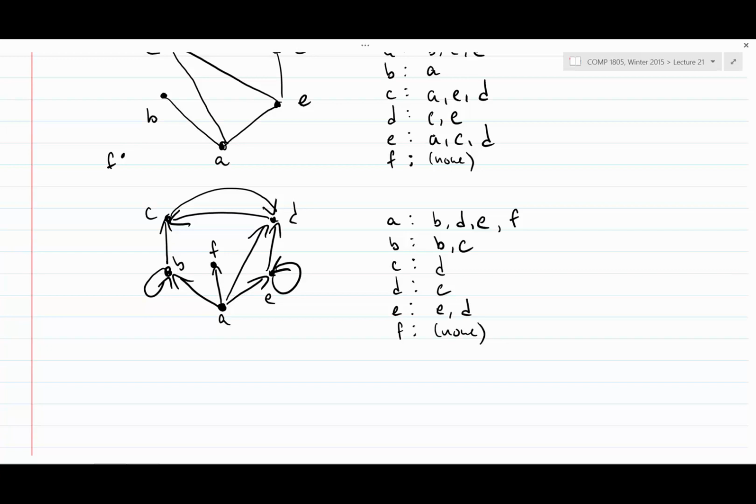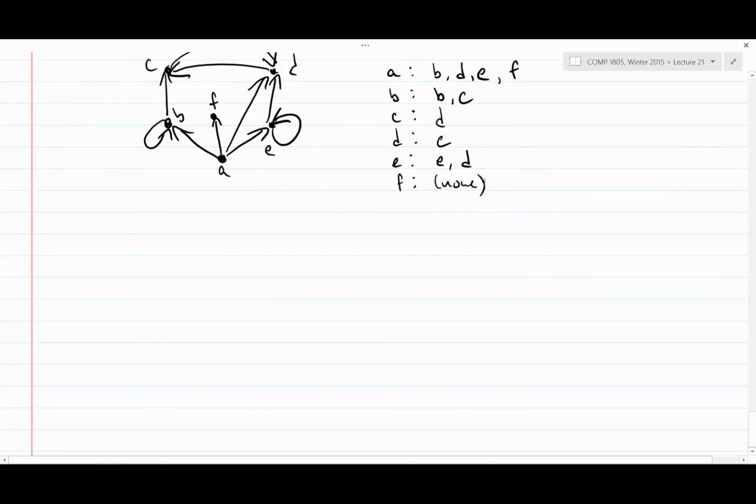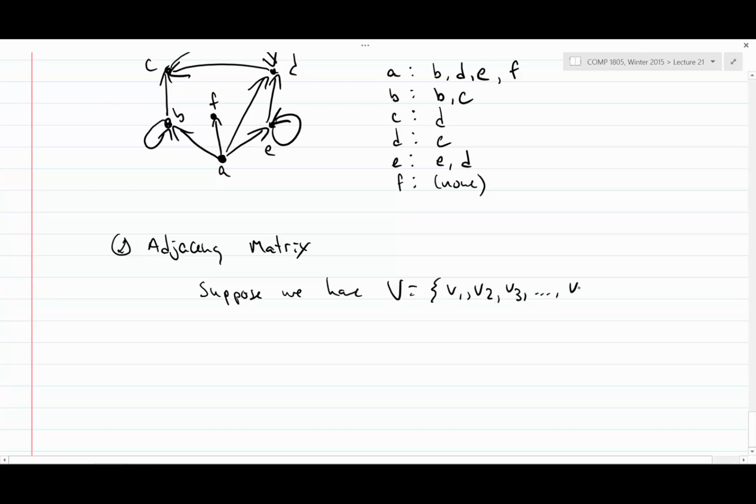There's another way of representing graphs. It's slightly different. And this way, which is method 2, is called an adjacency matrix. So the way an adjacency matrix works is you have one row and one column for each vertex. So suppose we have vertices, I'll call them V1, V2, V3, all the way up to Vn. Well, then you have one row and one column for each vertex.